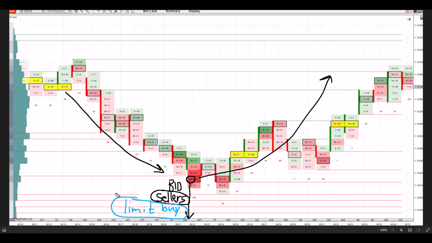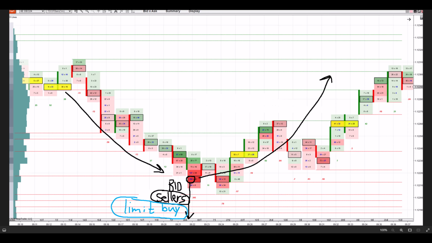The order flow only shows the orders coming from the exchange and only shows whether the order was executed at bid or at ask. It won't tell you whether it was an aggressive seller or a passive buyer entering with a limit buy. So it is up to you to interpret this. And as I always say, order flow trading is all about context.